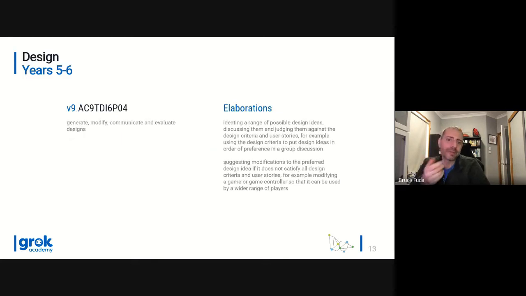If we look at the elaborations for that, you can see that ideation is a key part of it, making sure that you compare designs with what your design criteria actually are. You can see a reference to user stories there. We'll come back to that in the next webinar, where we're looking at the design process more broadly.